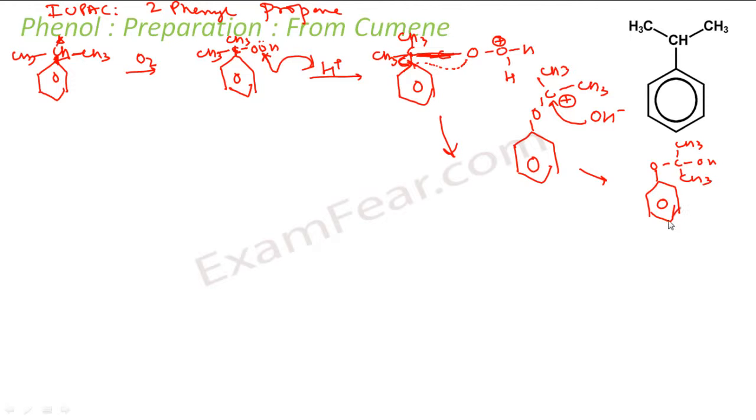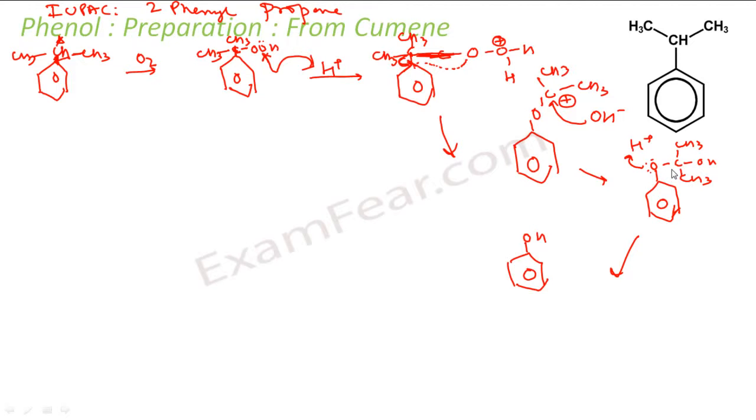Correct. Now this oxygen has a lone pair. Now if H plus attacks this, it will form a bond with HOH and it will kick out this. So if you see, it forms a bond with O and it will kick out this. Correct. So what will happen now is it will form something like this, OH, and this is kicked out now.